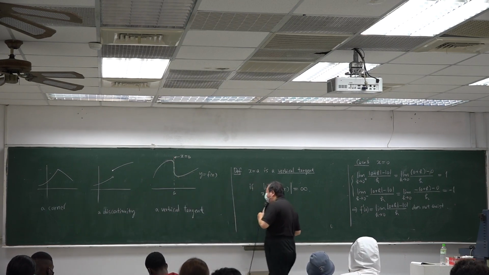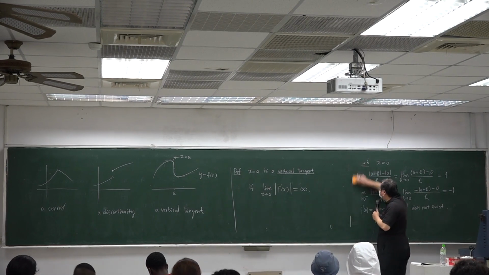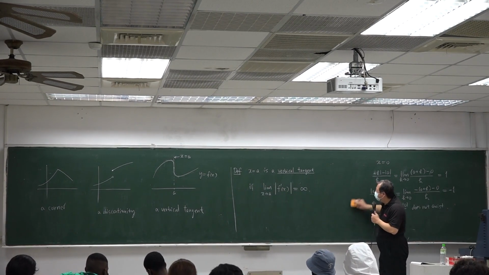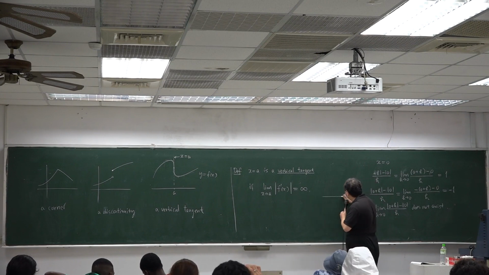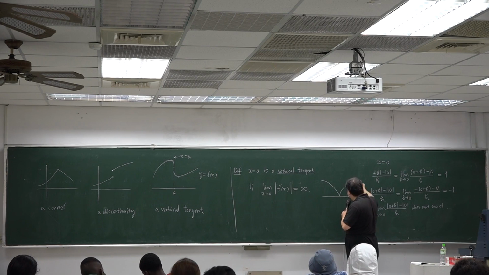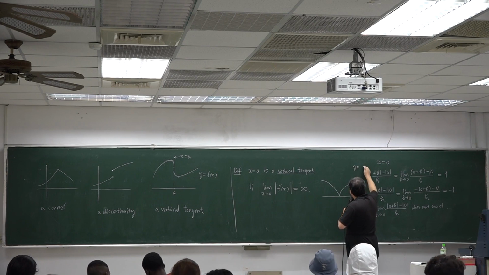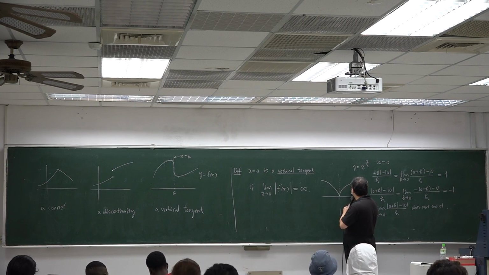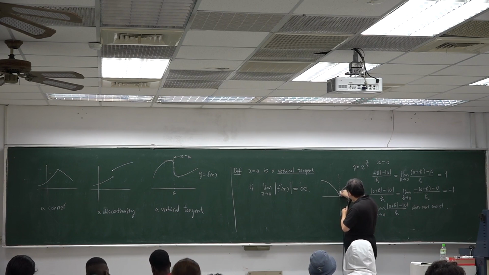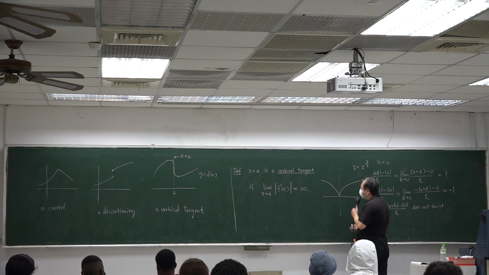Also, by this definition, this is also a vertical tangent, because here the slope is positive, positive, positive, going to positive infinity, and negative, negative, going to negative infinity. Also a vertical tangent.